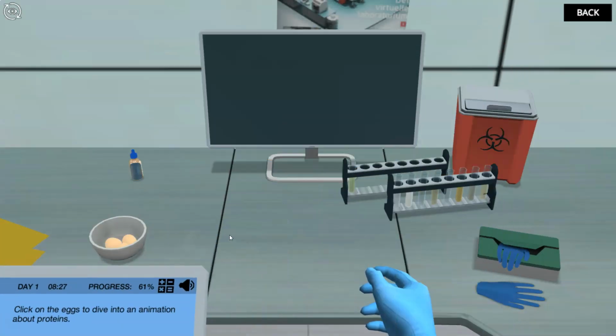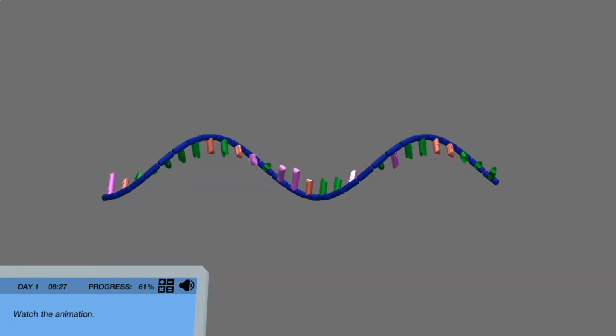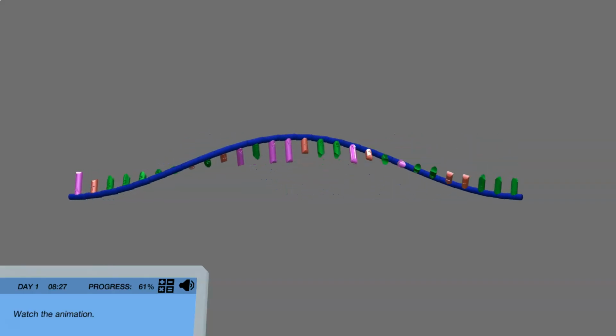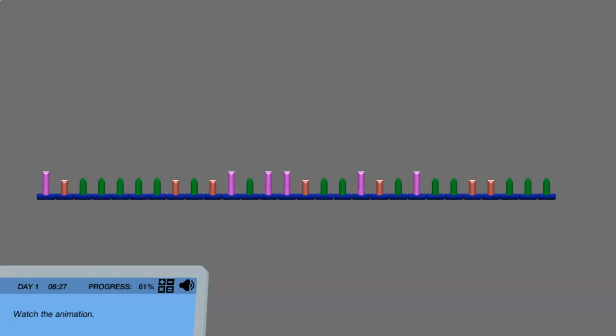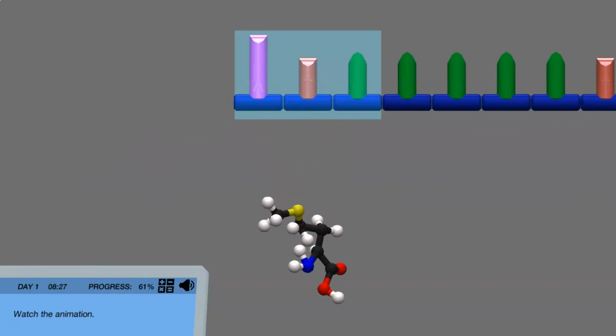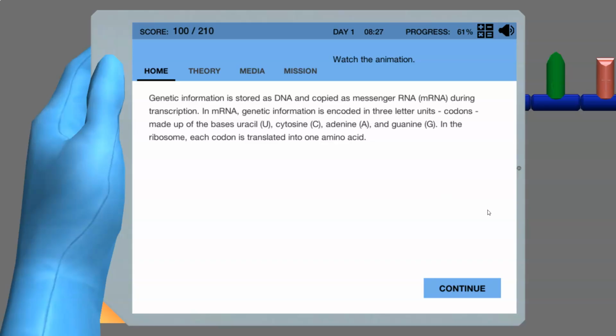Click on the eggs to dive into an animation about proteins. Watch the animation. Genetic information is stored as DNA and copied as messenger RNA during transcription. In mRNA, genetic information is encoded in 3-letter units, codons, made up of the bases uracil, cytosine, adenine, and guanine.